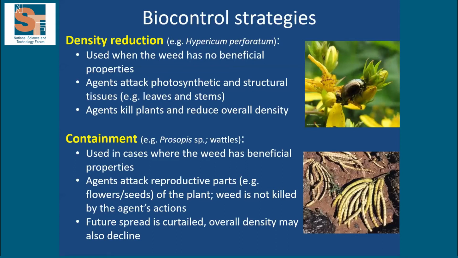The containment strategy often makes use of agents which attack only the reproductive parts of the plants. So the main purpose would be to reduce the overall reproductive output of the species being targeted. The weed will not be killed by the agent's actions, but rather the future spread will be curtailed.